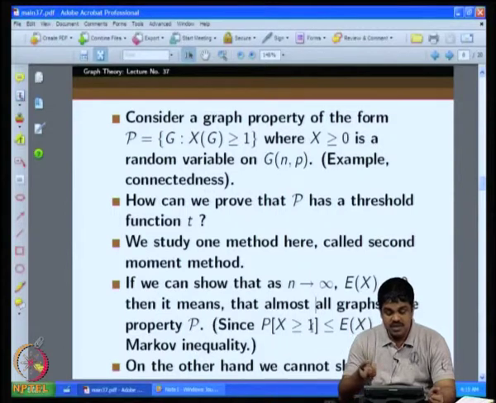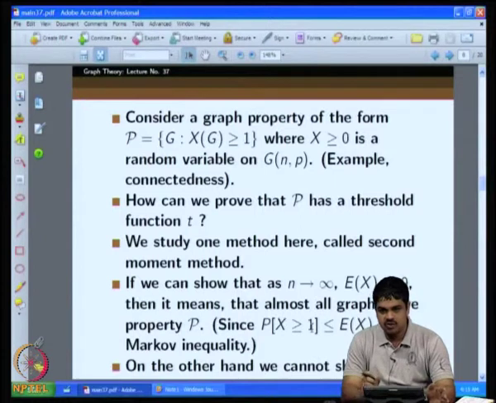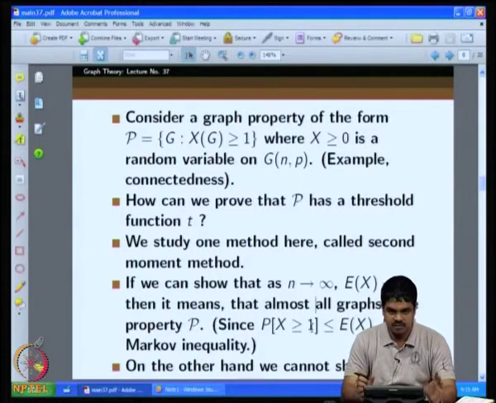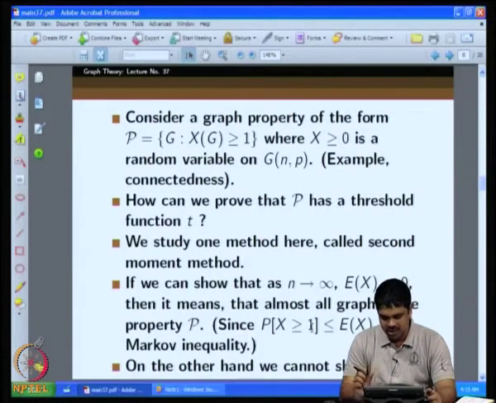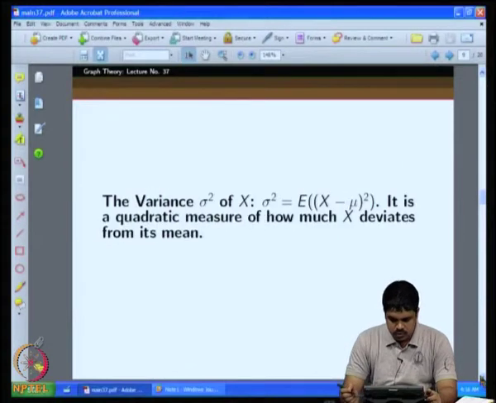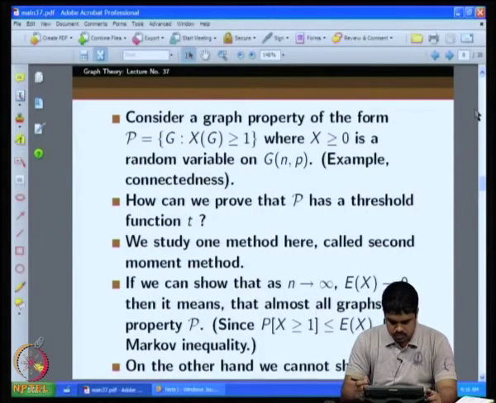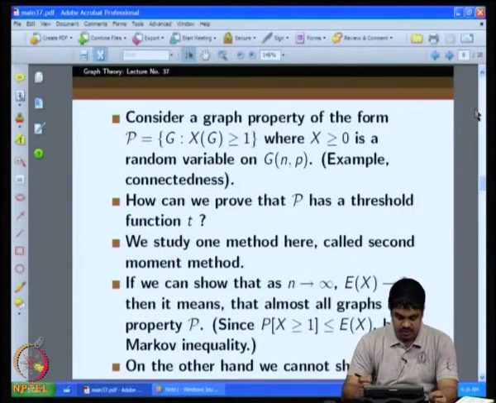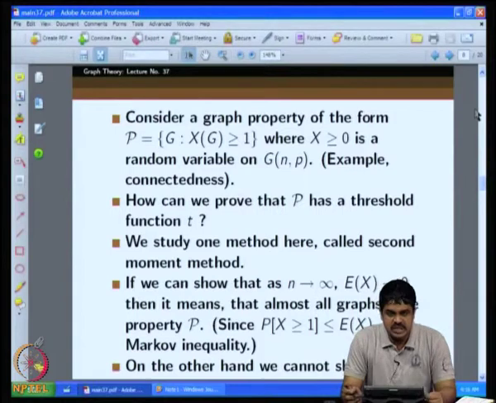That may be the reason why the expectation has a lower bound, because expectation is summing over all possible values and multiplying with the probabilities. So, that is not enough. We need some other technique, and for that purpose we need some more information from probability theory.